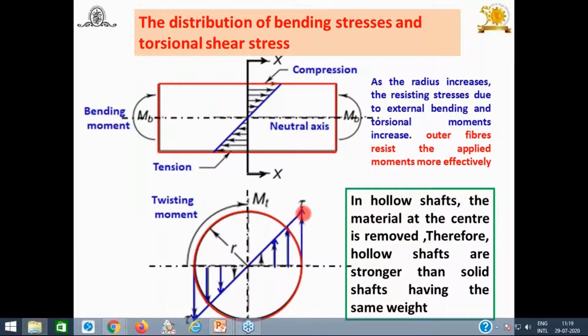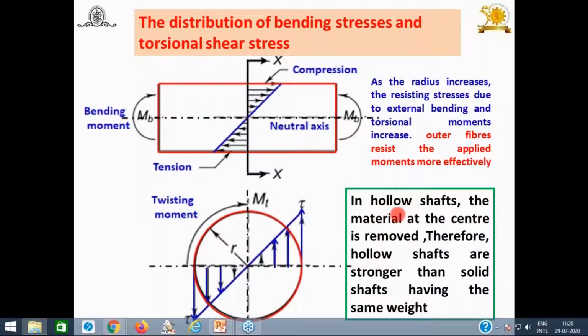You will find that the intensity of these stresses is zero, or you can say very little. The magnitude of this shear stress is zero at the neutral axis, and even when the shaft is subjected to bending moment, the stress at the neutral axis is zero. That means we can remove the material at the central axis or neutral axis, because there are no stresses there.